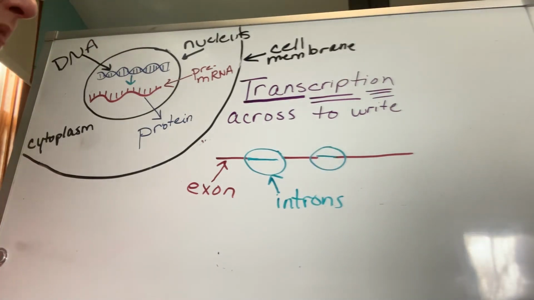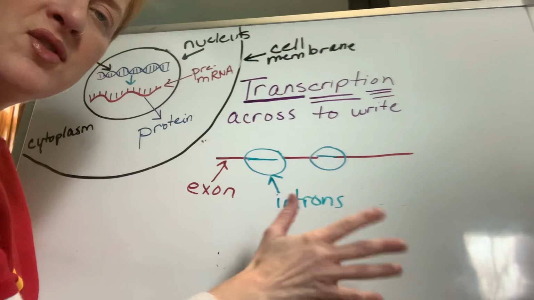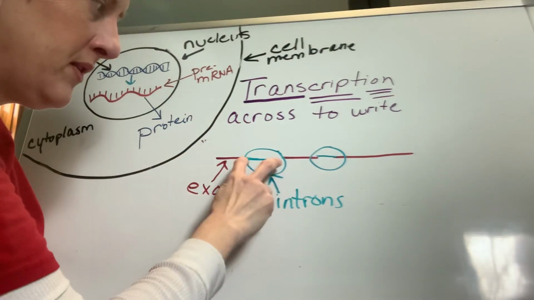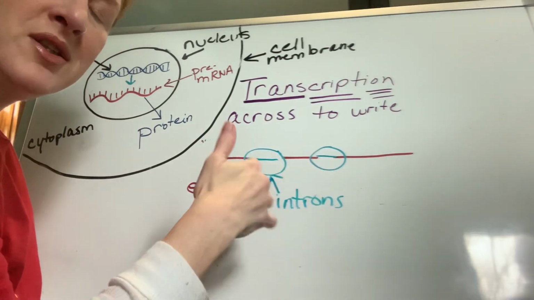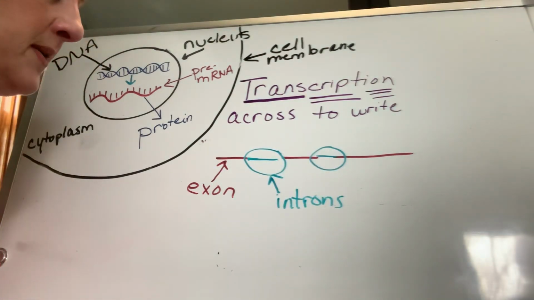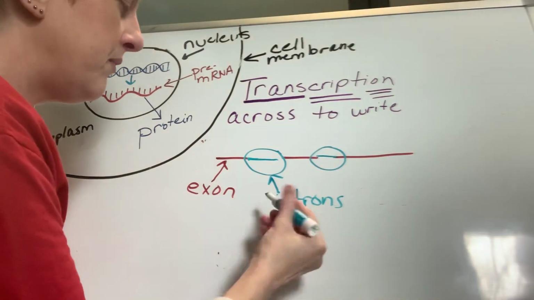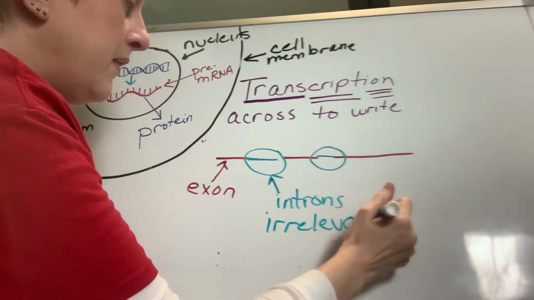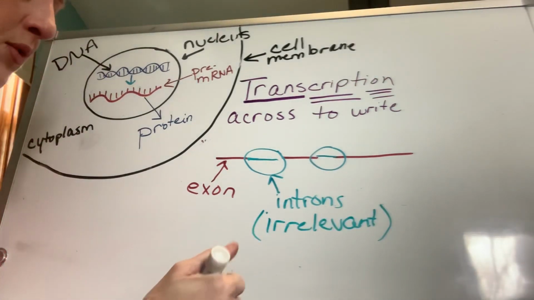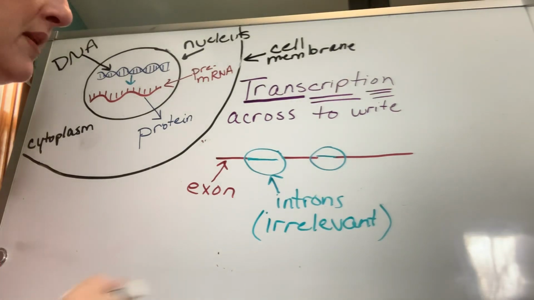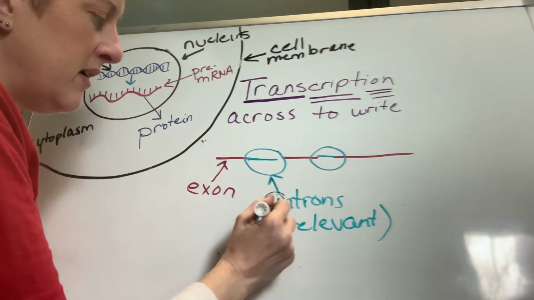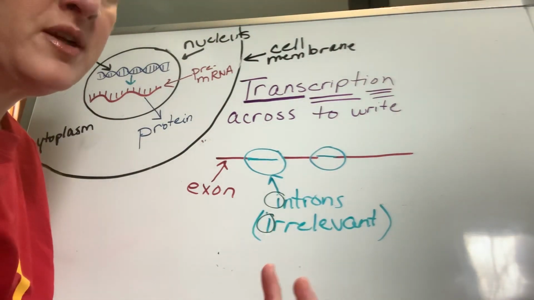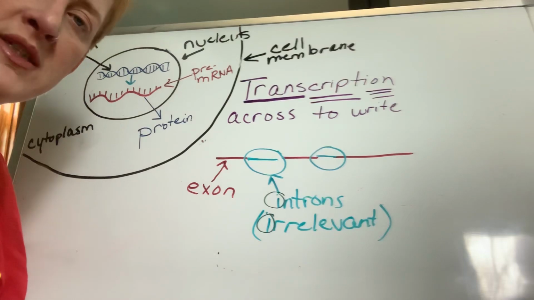Introns, again, this is your DNA. So this is your message. This is your genetic makeup. But when we're making proteins, there's information in here that is just irrelevant to the job at hand. And so I actually use that as a way to remember that introns are irrelevant to what's happening. So again, focus on the I and the I. Maybe that's a good way for you to remember this. The introns are irrelevant for the message of that protein to be made.